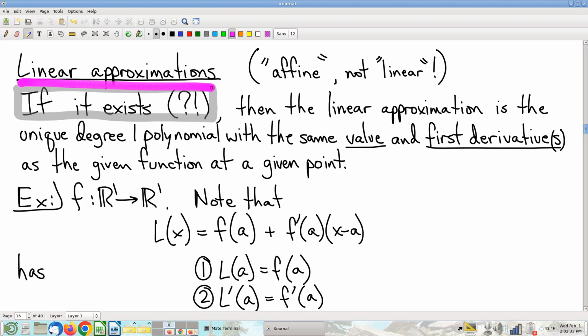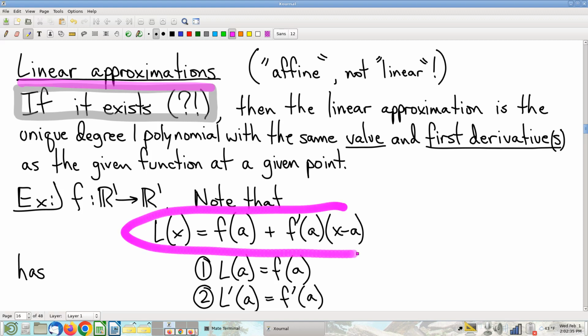The linear approximation, by the way, here's the formula for the single variable linear approximation. I hope you all remember this, right? Single variable linear approximations. And amusingly, they're not linear. To be a linear transformation, you can't have a constant term.